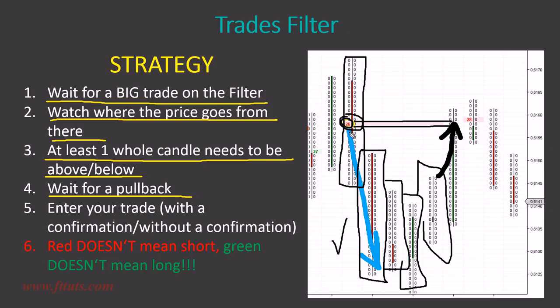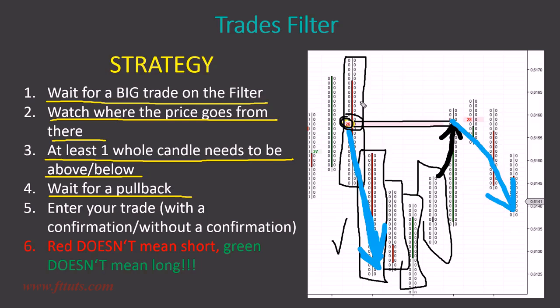So in this case, there was a selling activity after those 26 contracts got traded. So when the price hits this price level again, you will go short. Alright, this is the short trade scenario.